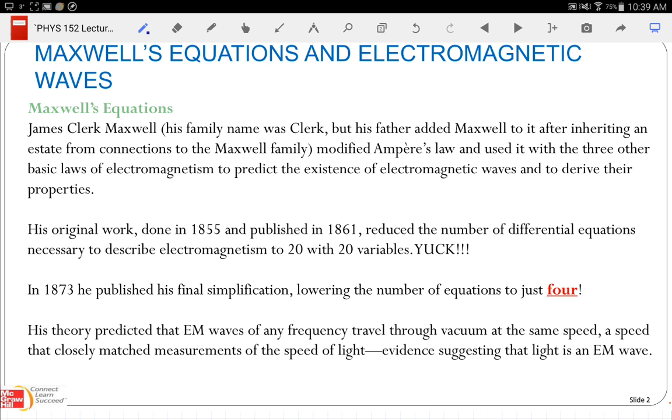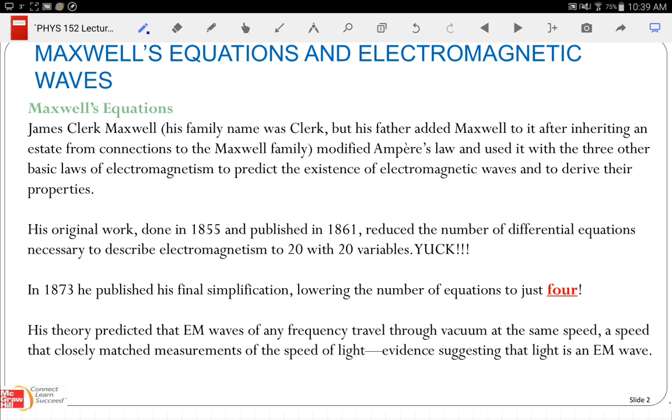So James Clerk Maxwell sat down to try to figure out how electricity and magnetism work together. And what is it, 1950 or 1855? He figured out a set of equations, 20 differential equations that together would describe electricity and magnetism.